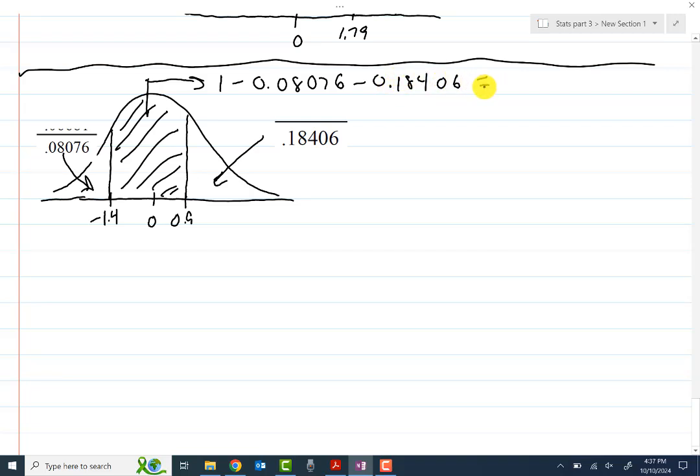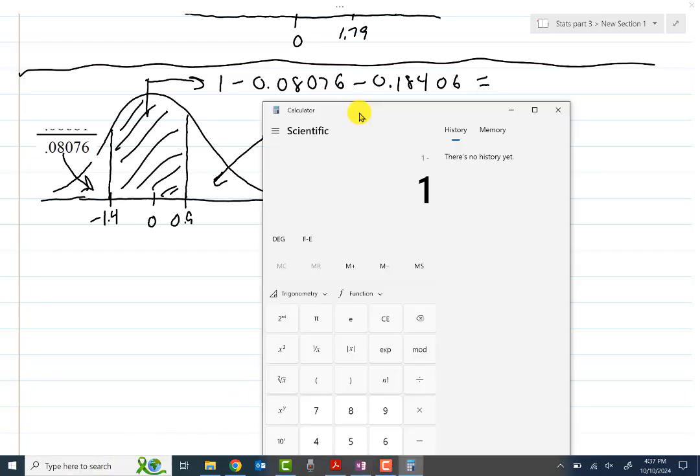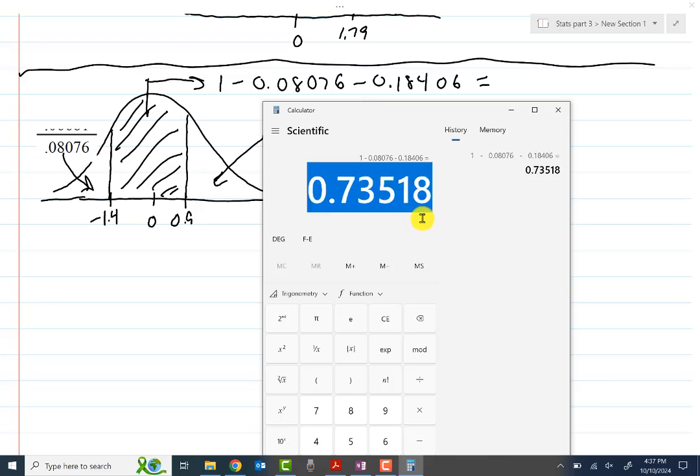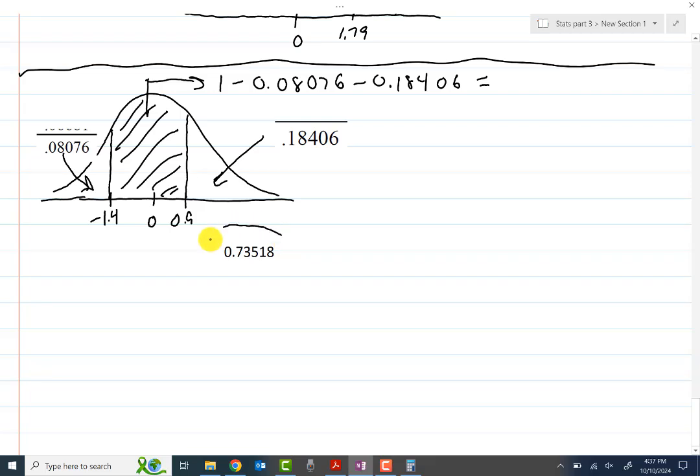I'll just use a regular calculator to make this happen. So there's the area that's left over. That is the area that's inside of the shaded region.